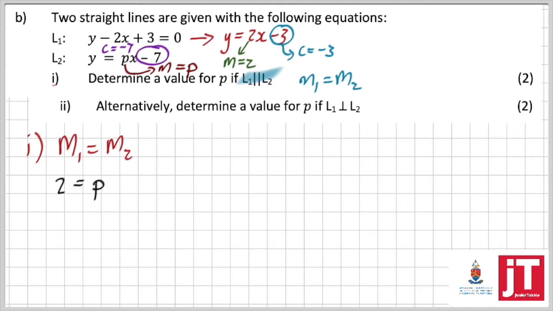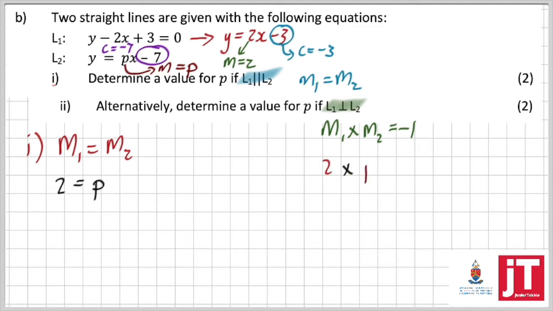Let's look at now the second one. It says, alternatively, determine a value for p if L1 is now perpendicular to L2. But for perpendicularity, m1 times m2 must be negative 1. So let's substitute my values for the gradients in.